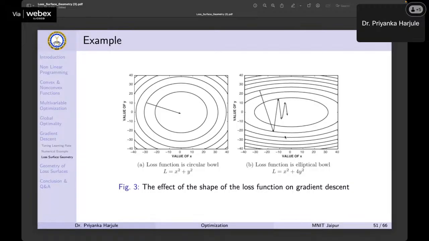Therefore, it is possible to get into situations where very little progress is made even after training for a long time. Okay. This example was a very simple quadratic convex function, which represents a very straightforward scenario as compared to real world settings. This was for the purpose of understanding why the loss surface geometry is important.